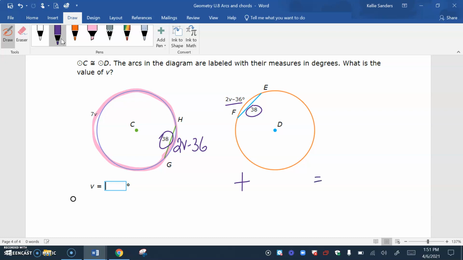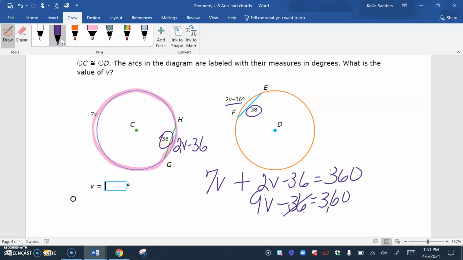So I'm going to add to get 360. What am I going to add? 7v and 2v minus 36, which gives me 9v minus 36 equals 360. Add the 36. 9v equals 396. Divide by 9. 396 divided by 9 is 44. v is 44.